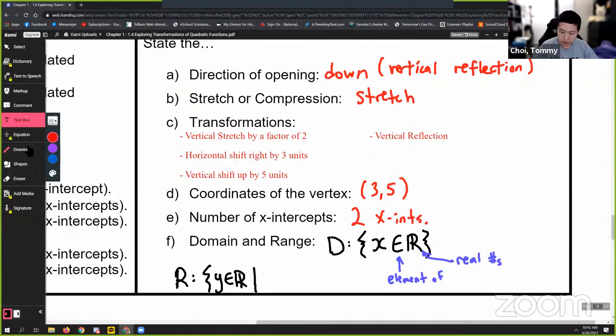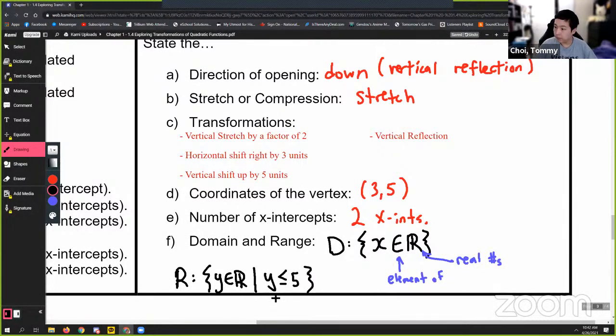So this thing here, it separates. And then we look at the k value. The k value is 5, right? So y, and it opens down. So if it opens down, we say less than or equal to 5.